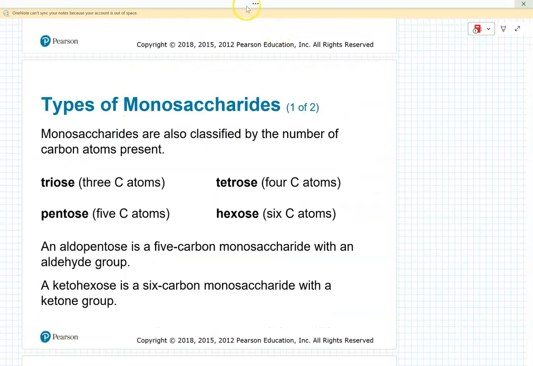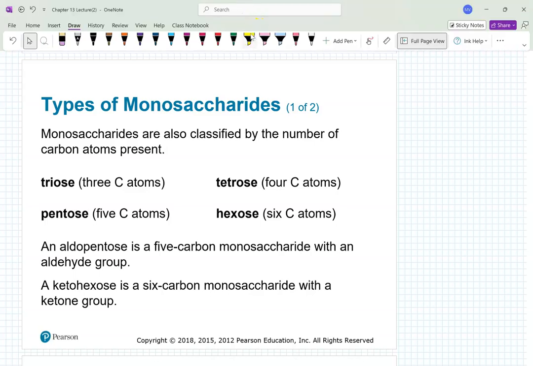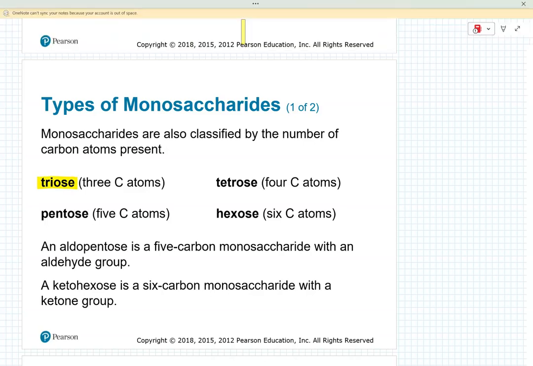Okay? Another classification of monosaccharides is by the number of carbon atoms. If there are 3, we call them trioses. 4, a tetrose. 5, a pentose. And 6, a hexose.